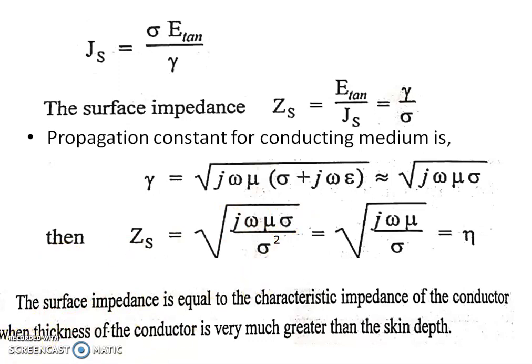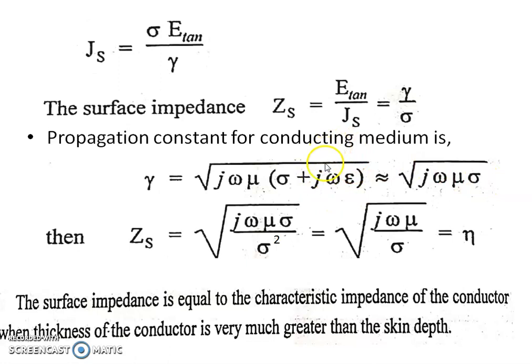For a good conductor, the value of sigma divided by omega epsilon is far greater than 1. That is, sigma is far greater than omega epsilon. So we can neglect the value of omega epsilon. So we get gamma is equal to root of j omega mu sigma.